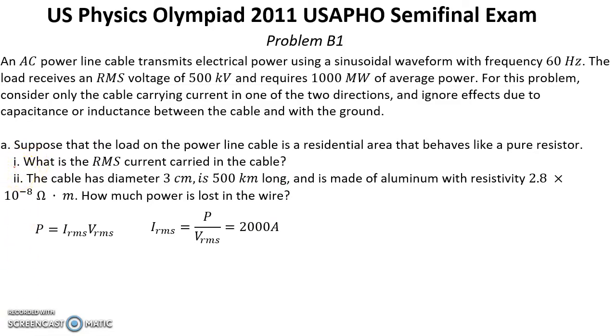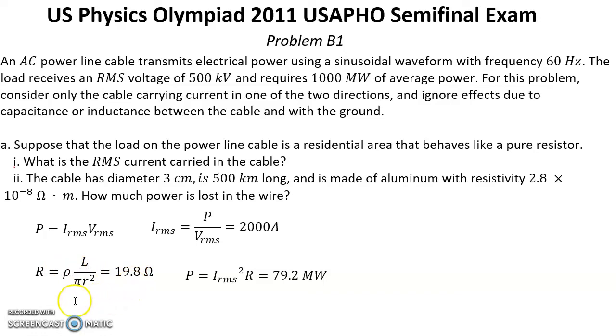Second question. First we need to calculate the resistance of this power line, which is resistivity multiplied by length and divided by cross-sectional area, which is pi r square. After putting in numbers, we get 19.8 ohm.